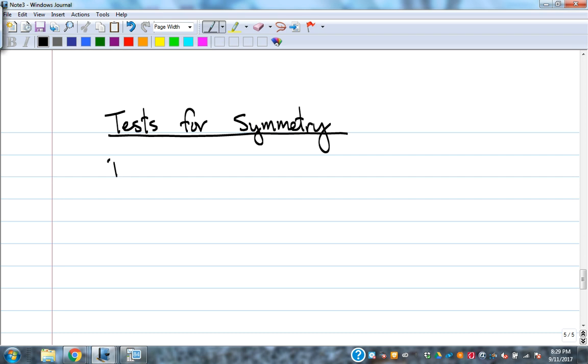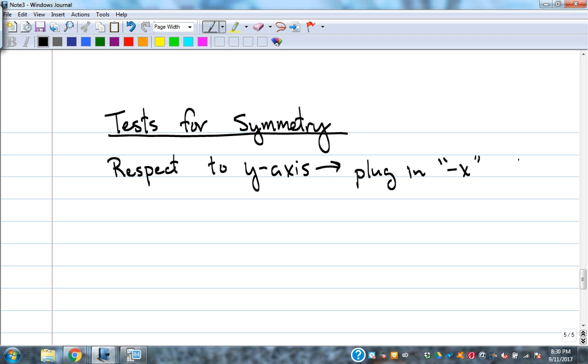One of them would be with respect to the y-axis. The test for symmetry with respect to the y-axis is you plug in negative x and simplify.